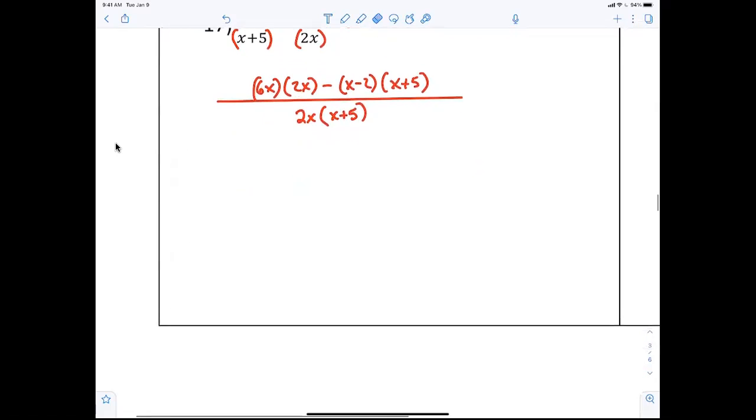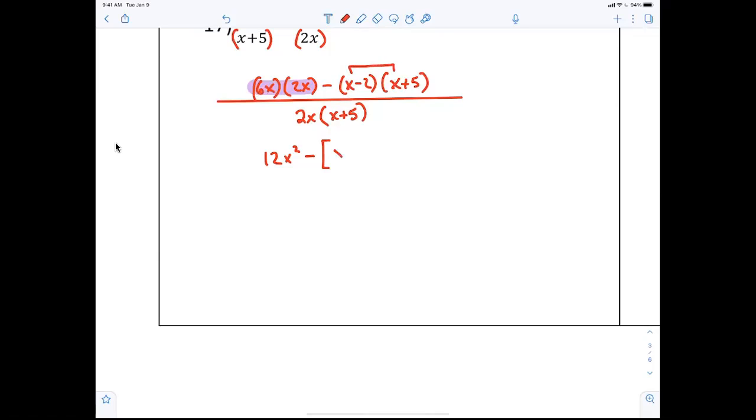So the first thing would be 12x squared. 6x times 2x, 12x squared. Now, I want everybody to put a minus, and then put a bracket down, because we're going to distribute the negative last. Now, everybody's getting good. x times x, x squared.